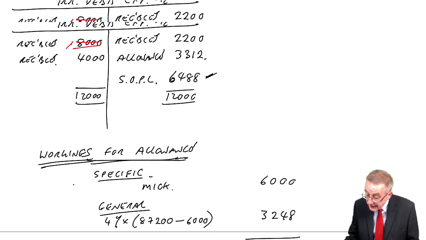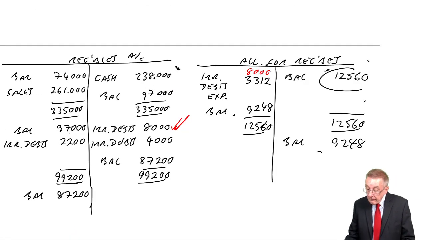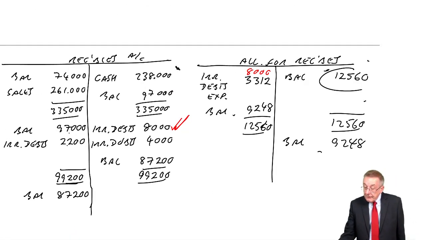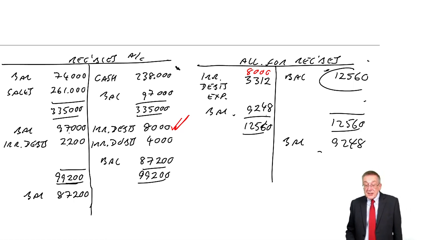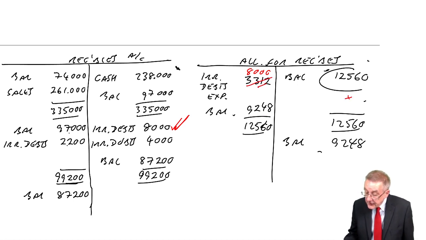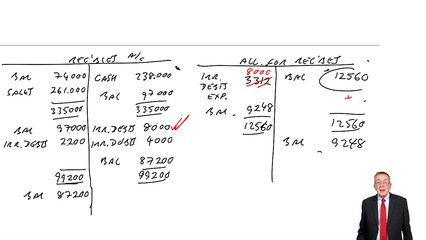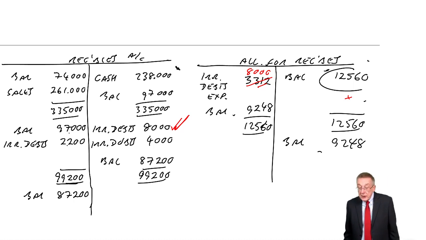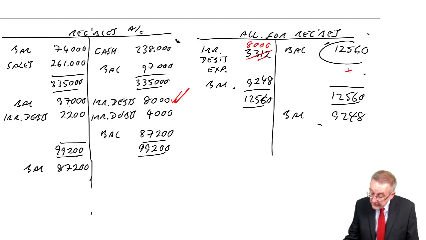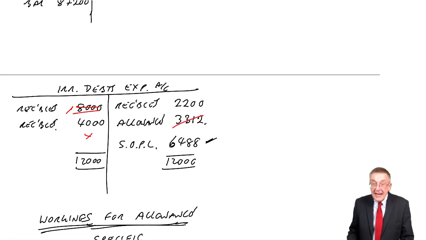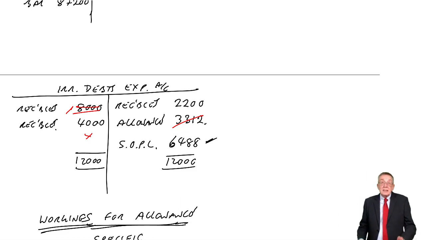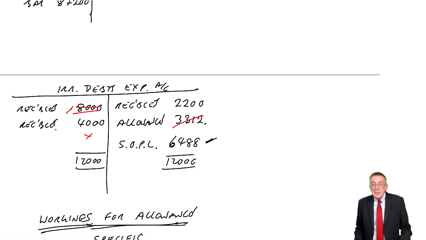Because if you do that, then the allowance is lower, and to get the balance I want, it would mean increasing the allowance. Have a go yourself, work out the figures by all means. And what you'll find is instead of reducing the allowance, you'll be increasing it, and you'll end up with the same net cost of 6,488. It's just it gets messier.